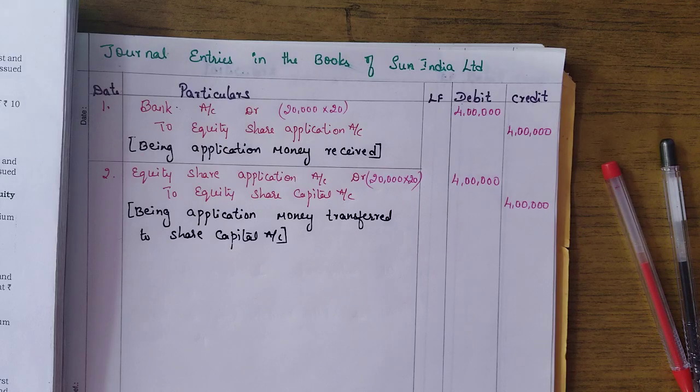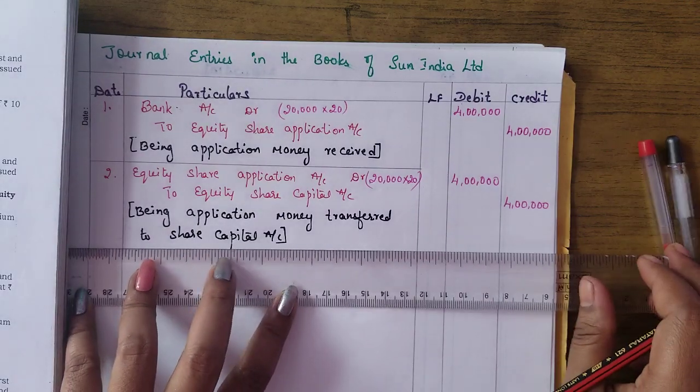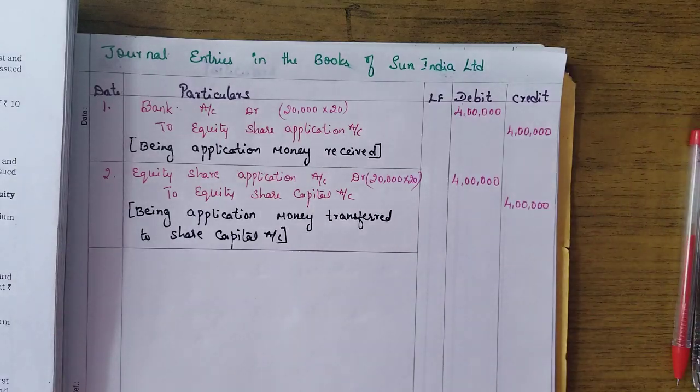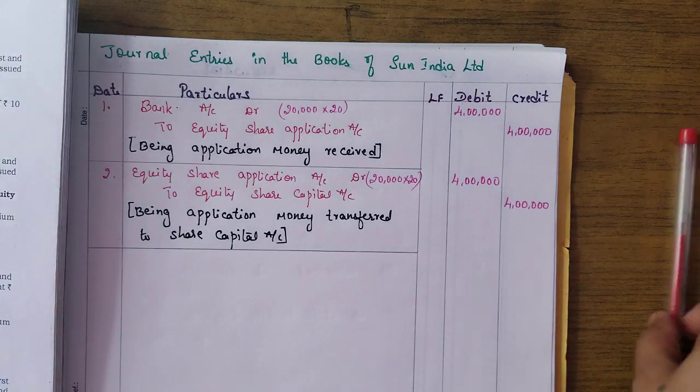The next stage is the allotment stage, where you have to show the premium amount also. Very, very important, so please look into this.